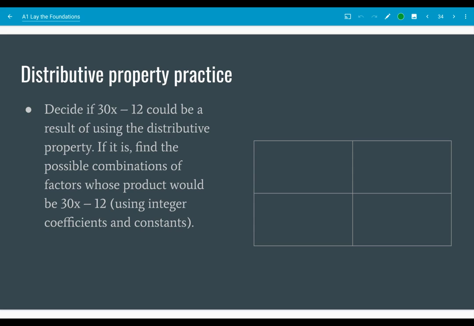So using the distributive property, we get to this equation. Can we undo the distributive property? Give it a shot in your notes, but we're actually going to spend some time in class talking about this.